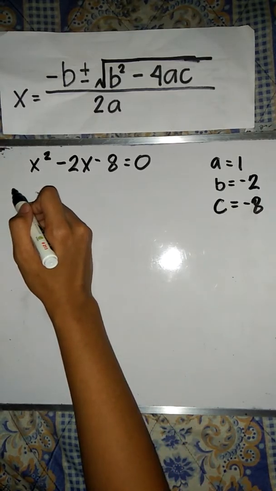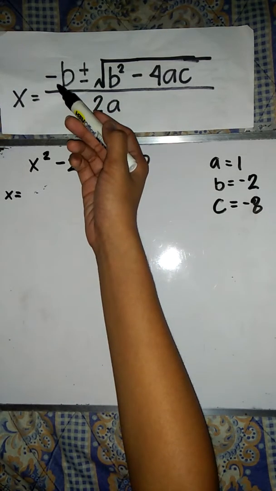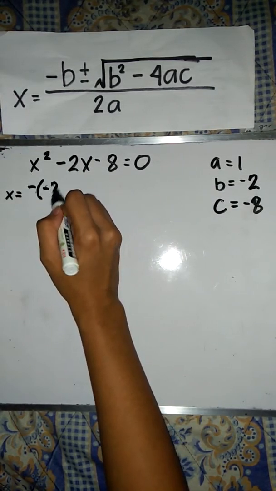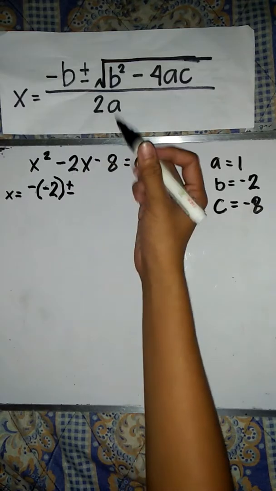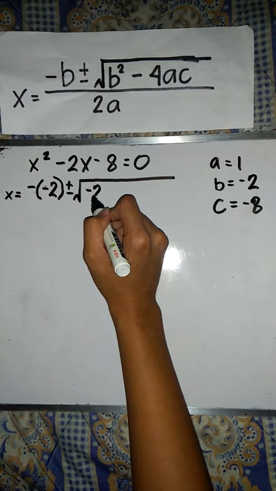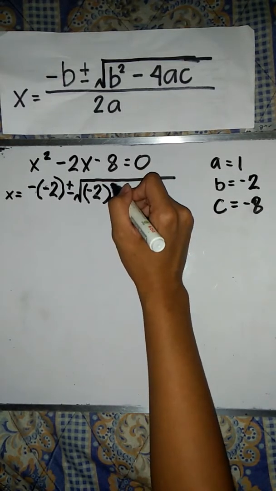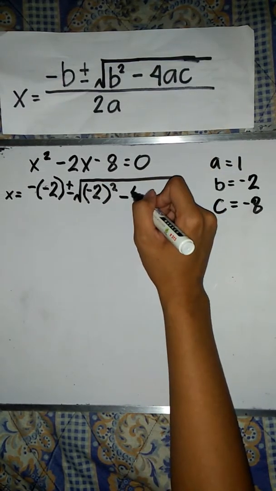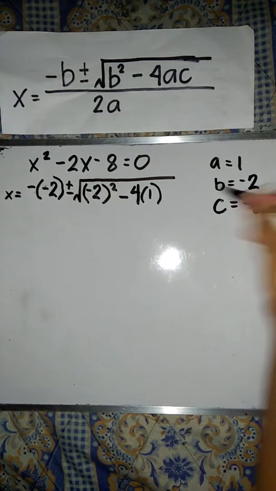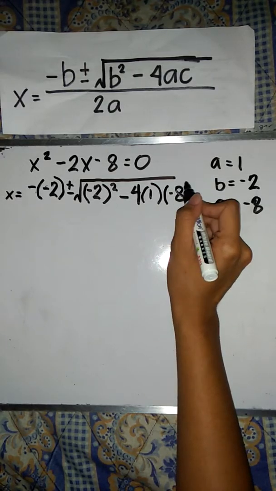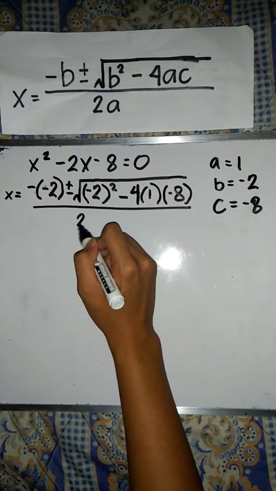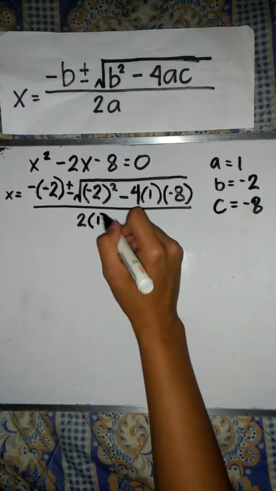So x is equal to negative b, which is negative the value of b, which is negative 2, plus or minus square root of b squared, which is negative 2 squared, minus 4ac, 4 times the value of a, which is 1, and the value of c, which is negative 8, all over 2a, which is 2 times the value of a, which is 1.